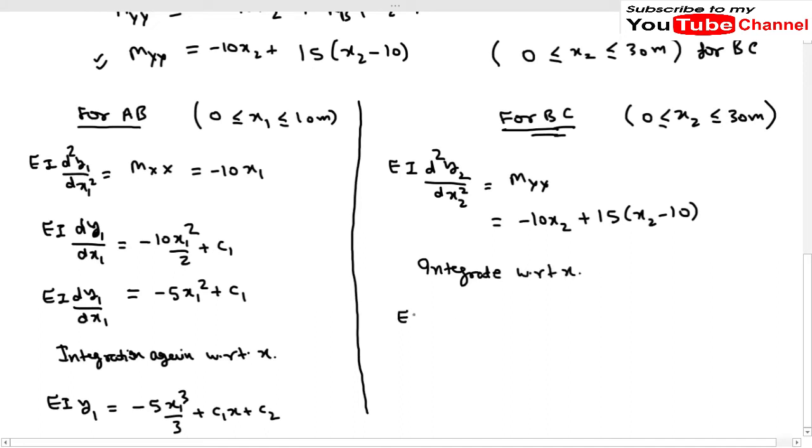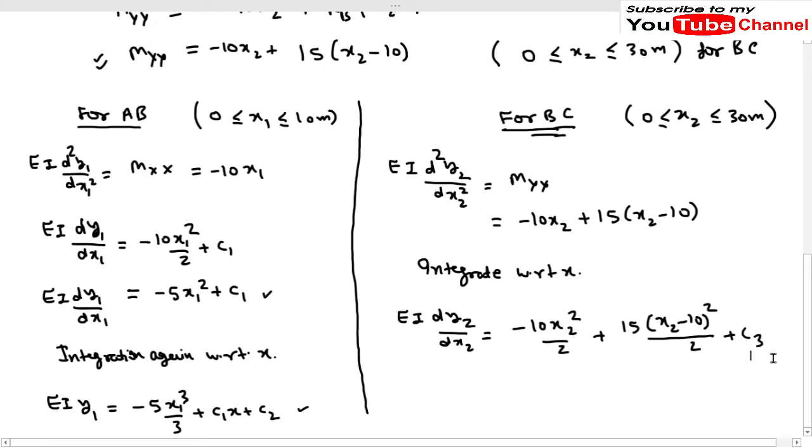After integration we will get the relationship for slope: it will become minus 10 x2 squared by 2 plus 15 x2 minus 10 whole squared by 2, plus the constant of integration. Because C1 is used here and C2 is used here, we will write C3.